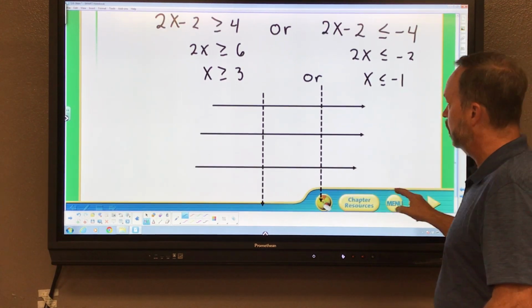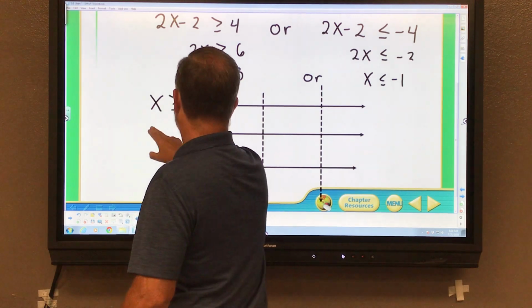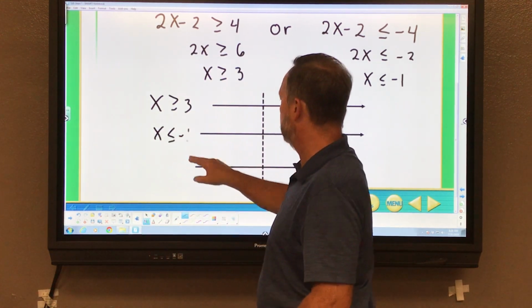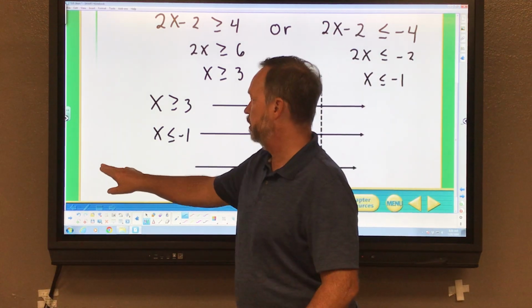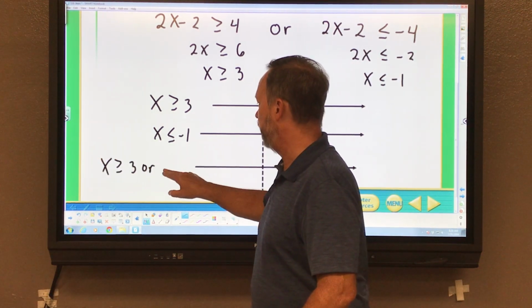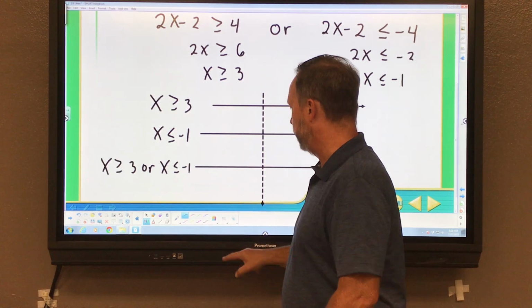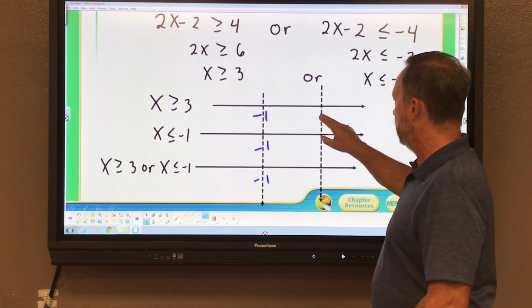So we've got the first piece, the second piece, right? And then we've got the whole thing. X is greater than or equal to 3, or X is less than or equal to -1. So my 2 important numbers are -1 and 3.